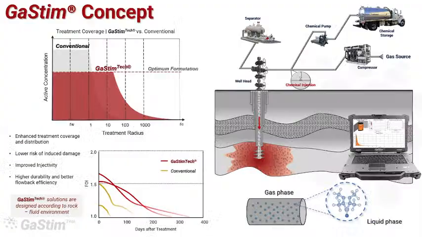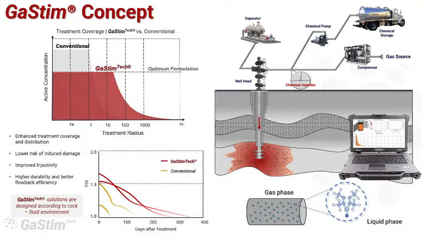So moving on, I will talk about the GaStim concept. This was the main topic from our first webinar, but it is pertinent for this webinar to make a quick recap of it. So the GaStim concept was formally introduced around 2012, already a decade ago, meaning that the technology has been developed and on the works for over 10 years now.